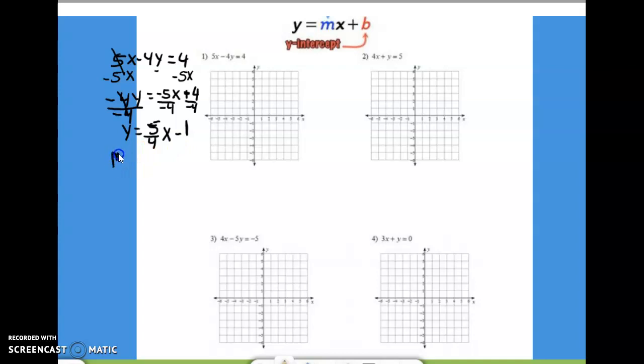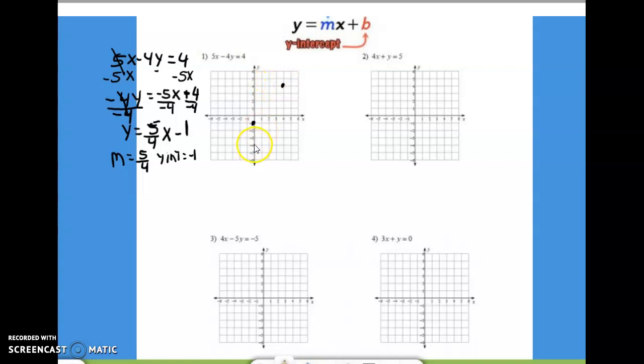All right, so my slope is 5 over 4. And the y-intercept is going to be negative 1. That's where I'm going to start. So I'm going to start right here. I'm going to go up 5. 1, 2, 3, 4, 5 over 4. 1, 2, 3, 4.